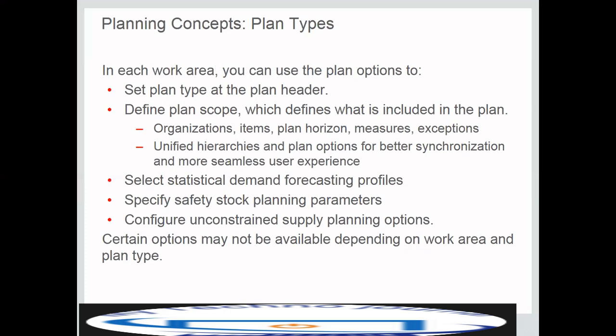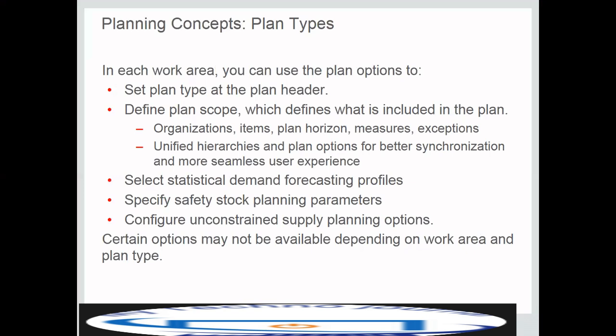The options which we have selected while defining a particular plan for a particular type are going to influence the behavior of the planning engine in each supply plan planning product. Okay? And these options specify the scope of the plan in terms of what organizations I want to plan for, what items within the organizations I want to plan for, what is the time horizon of my plan, and what are the planning measures.